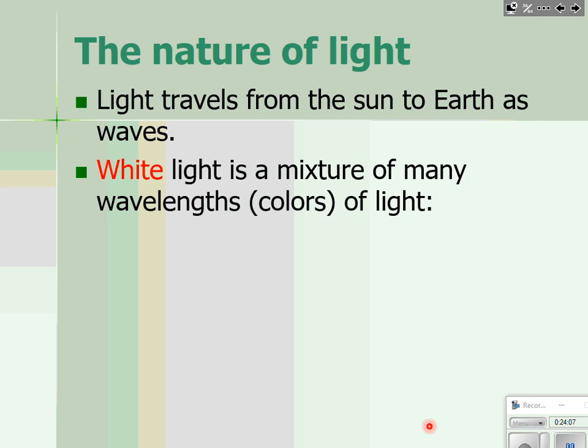The visible light waves, what we sometimes refer to as white light that shines down on the earth from the sun, is really a mixture of many different wavelengths of light energy. What we perceive when we look at objects, we perceive this as colors of light. These are the colors that our eyes can detect. They also happen to correspond to the colors or wavelengths of light that plants can use for photosynthesis.